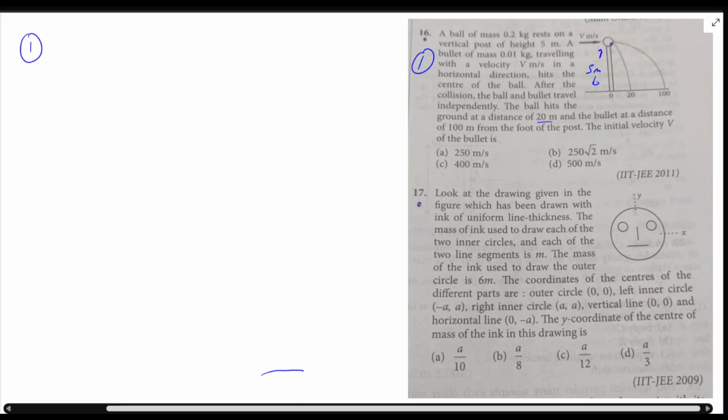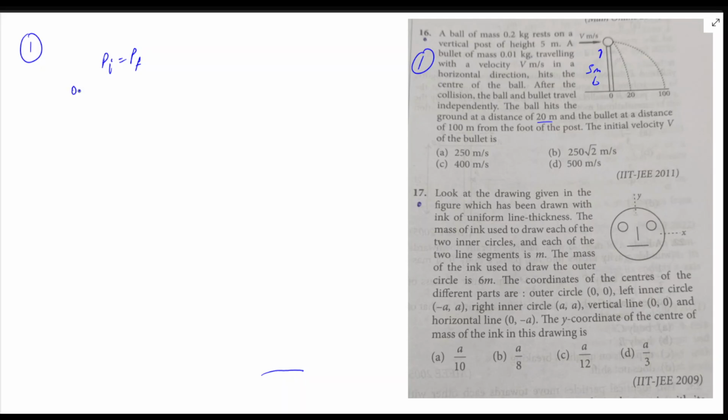Okay, perfect. So look, first we can conserve momentum. Initial momentum equals final momentum. The initial momentum of the bullet was 0.01, its mass, times the velocity v, equals the final momentum: let's say small v_b is the velocity of the bullet, plus the ball.